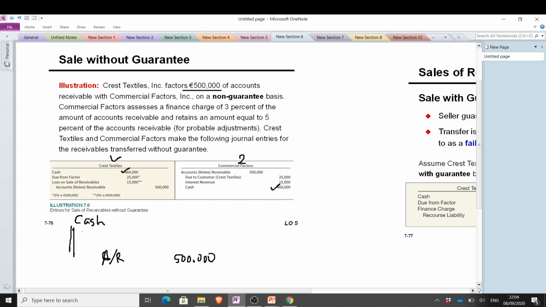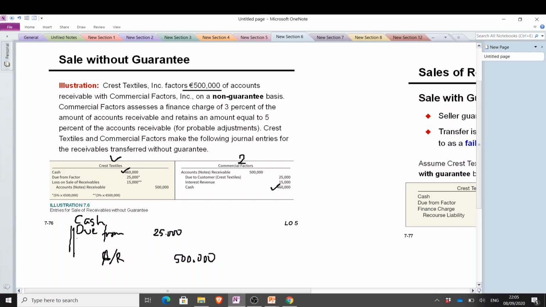They will receive some cash. How much is it? It will be deducted by some due from factor. It is a kind of receivable that the company has on the factoring of the receivable. It is 5% of the amount of receivable, so 5% of 500,000 equals $25,000.